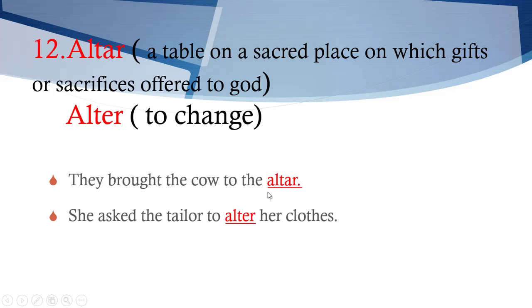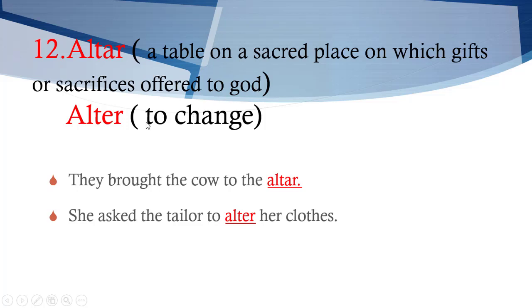The next group of words, altar and alter. The first word is with A and the second word is with E as the vowel in the middle. The first word means a table on a sacred place on which gifts or sacrifices are offered to God.